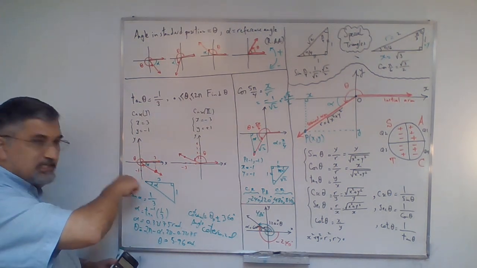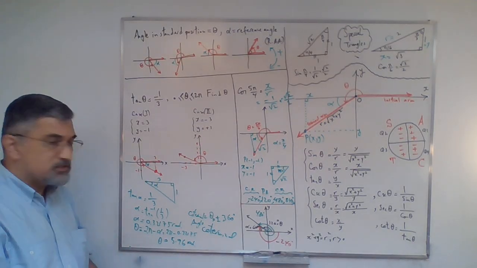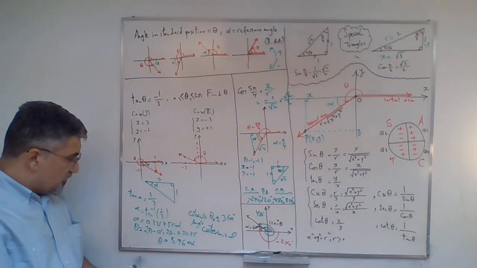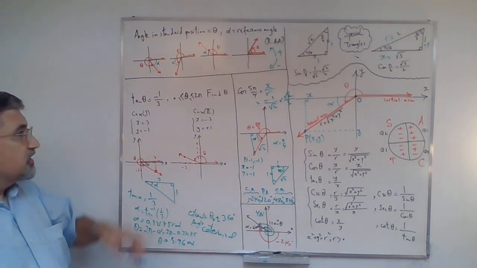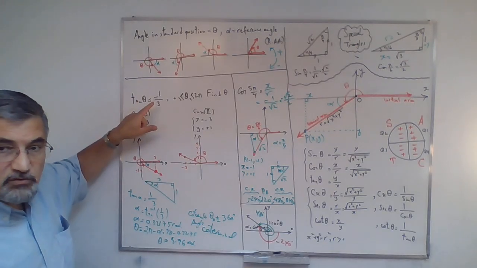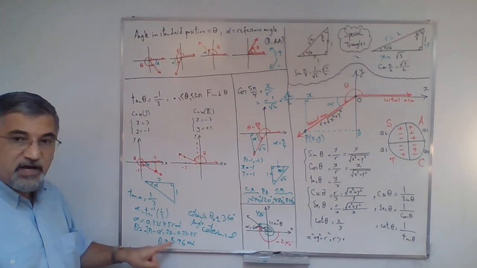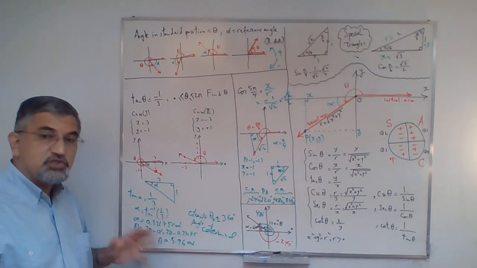So it makes sense that this angle is huge, a little less than 360 degrees. So this is one possibility. The question says tangent of theta is -1/3. Find the measure of angle theta. We did find it. It is 5.96 radian, roughly 341.5 degrees.